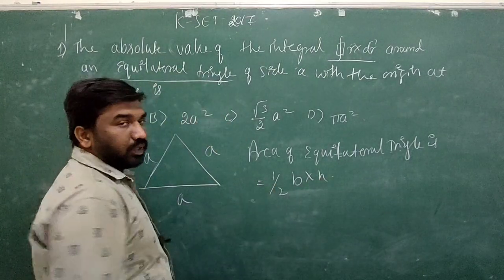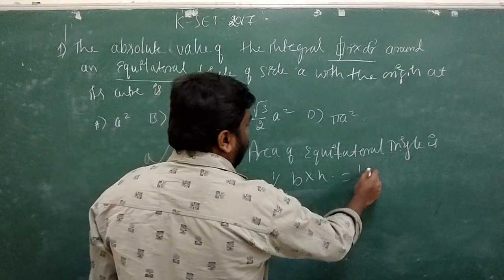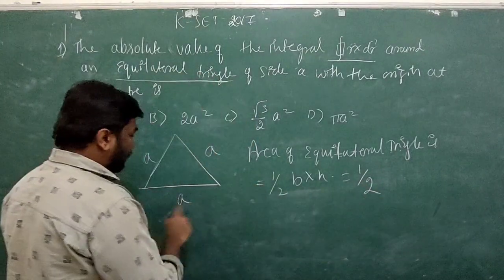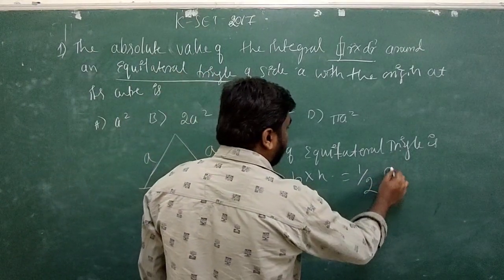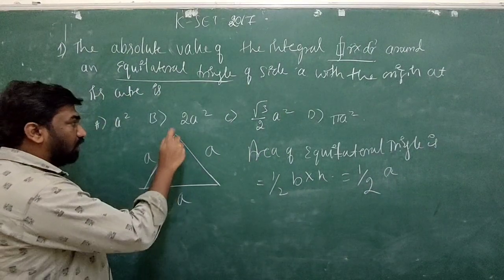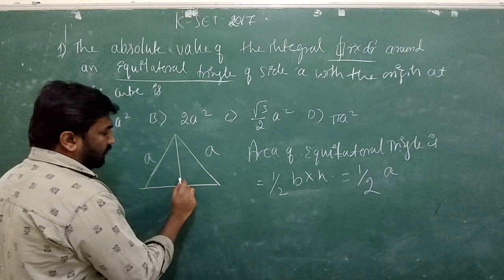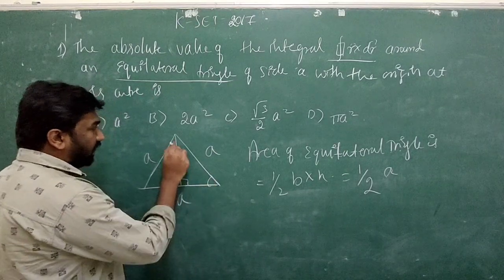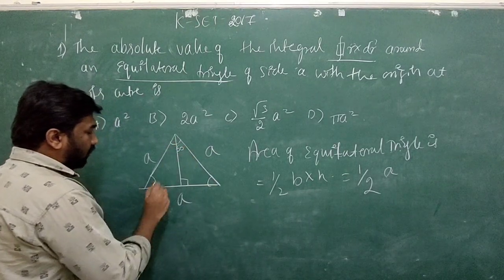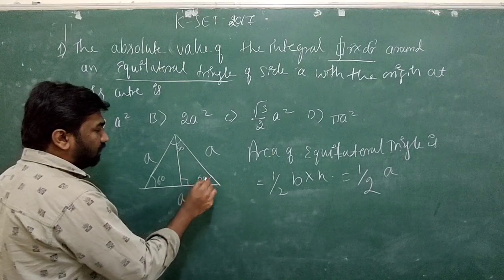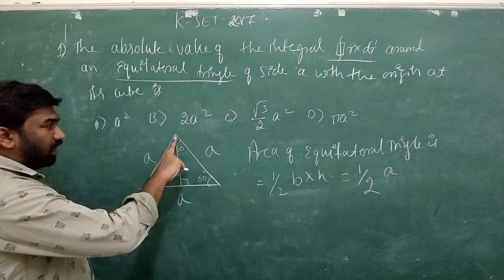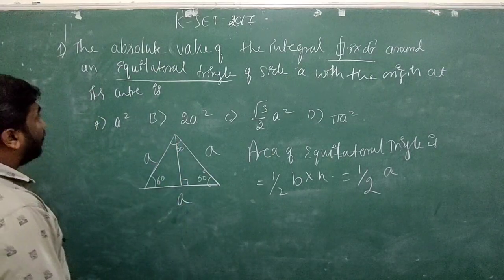Which is equal to half into base A, and what is the height? Height we have to calculate. If suppose this is 90 degrees, and each angle of an equilateral triangle is 60 degrees, we have to calculate the height. How to calculate this height?